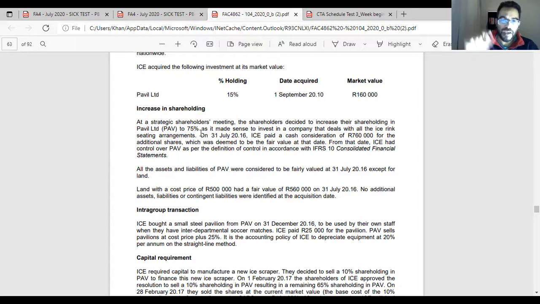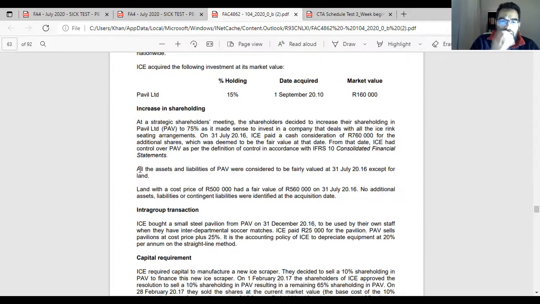So on 31 July, what's the big event? Change in ownership. The change in ownership was normal to sub, so therefore we gained control. So we process the at acquisition journal entries, very similar to how we processed them at the beginning of the year, only there will be just one slight difference, significant but subtle. Okay, we'll talk about it now.